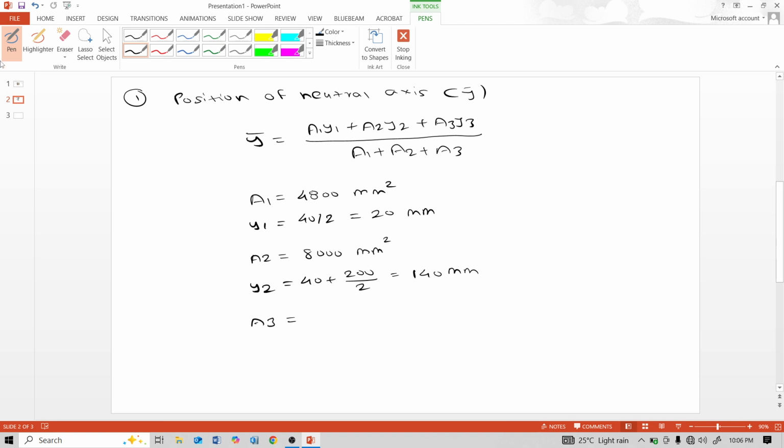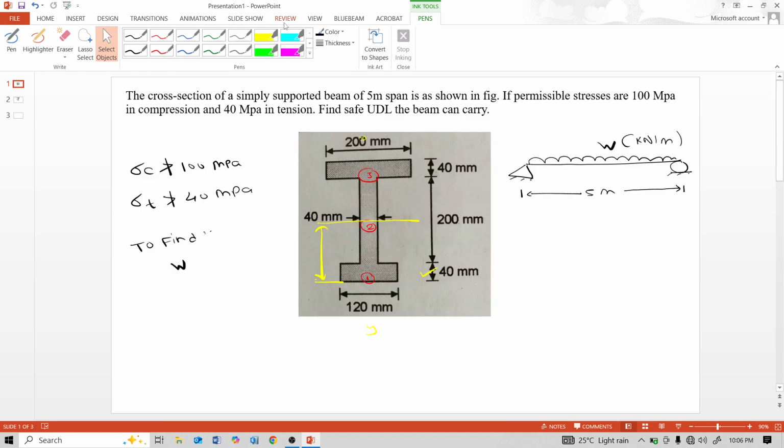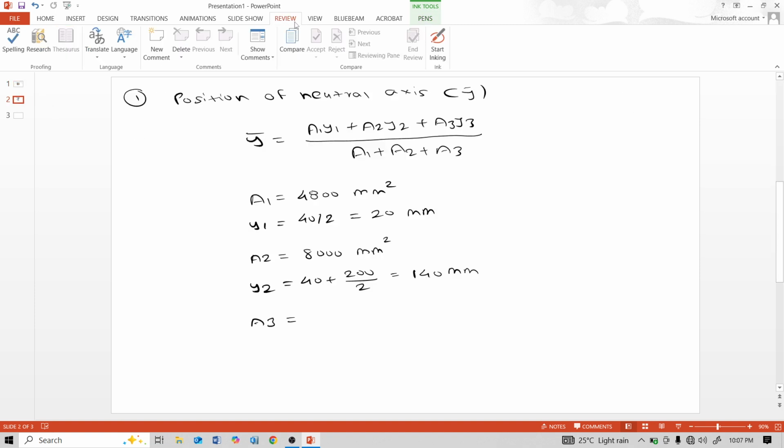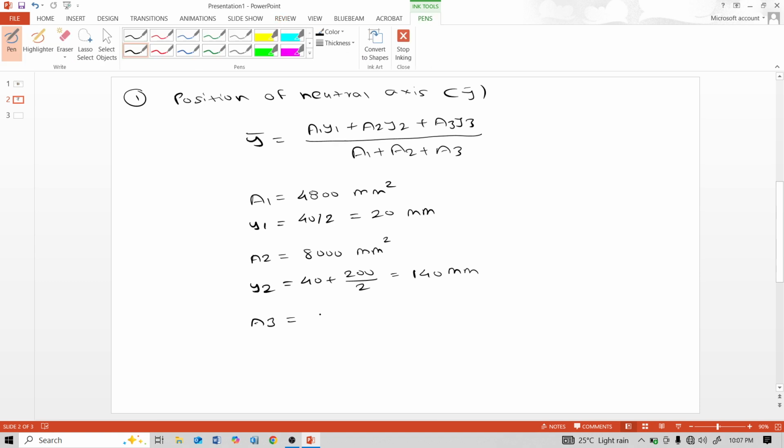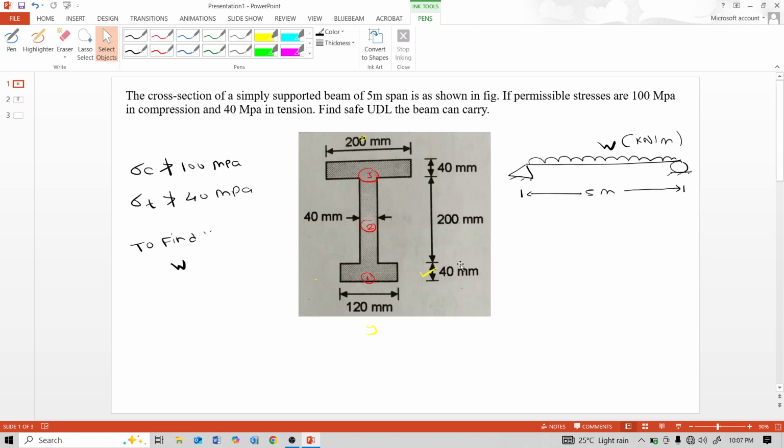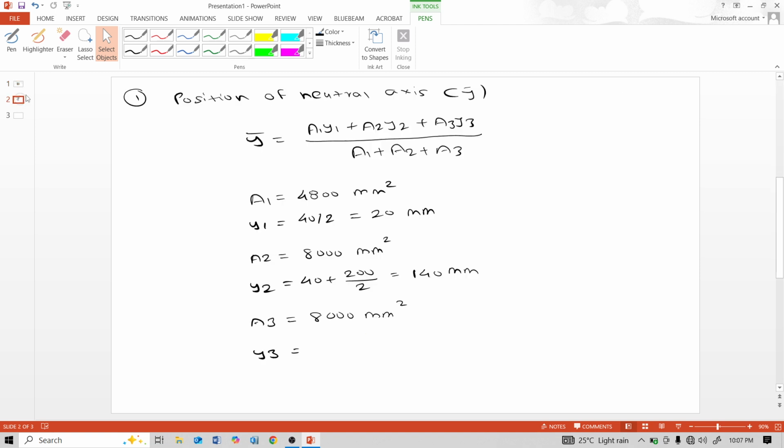A3 for the top flange is 200 multiplied by 40, 8000 mm square, and y3 is 40 plus 200 plus 20, 260 mm.